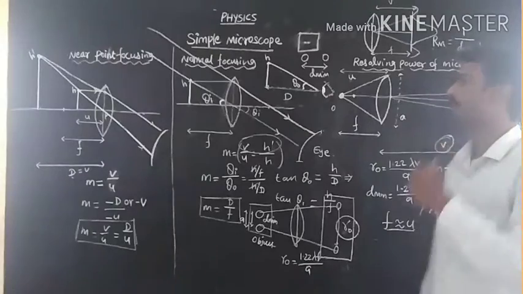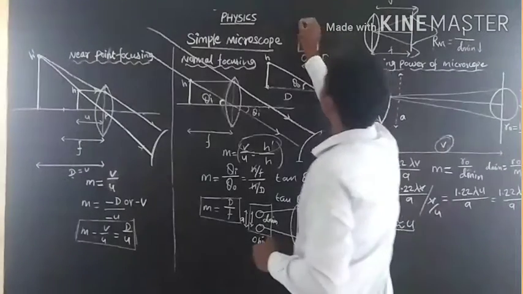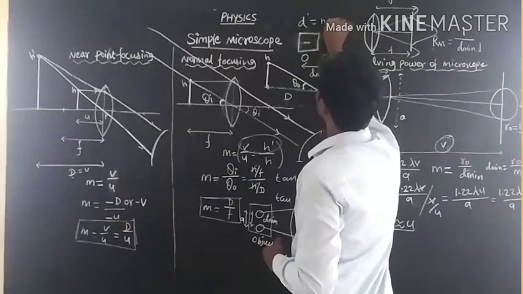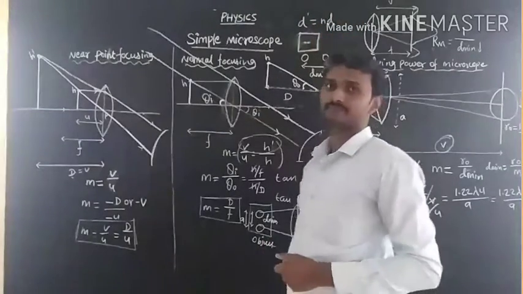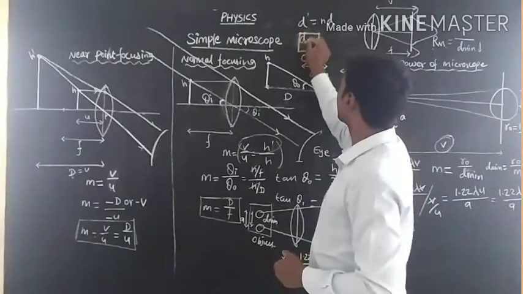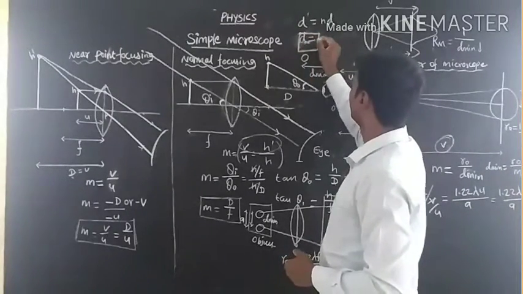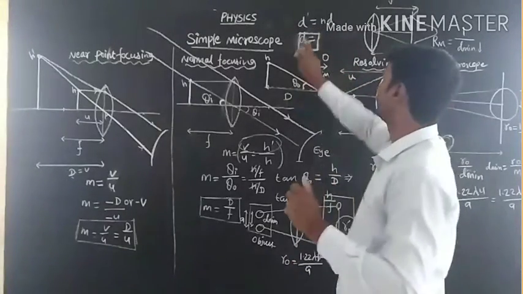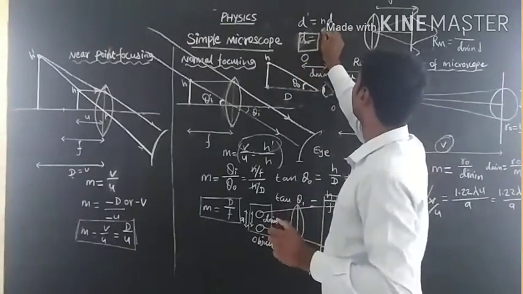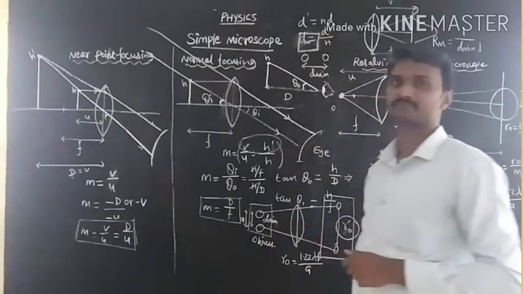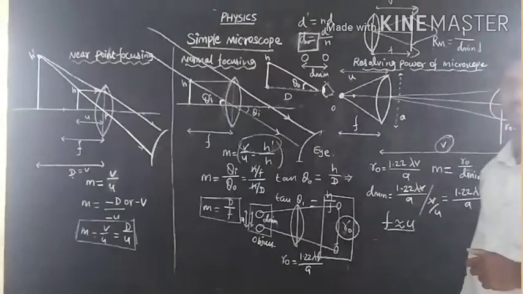According to the optical path concept, d dash equal to n d. So the distance travelled by light through the air, d, is equal to d dash divided by n.